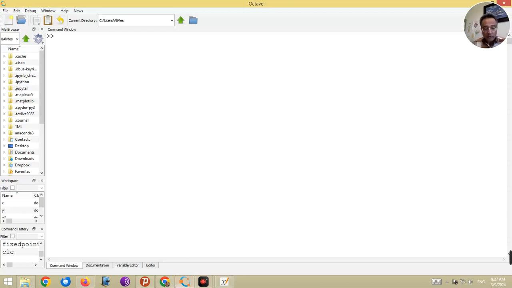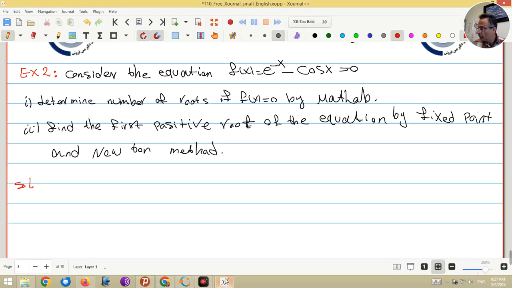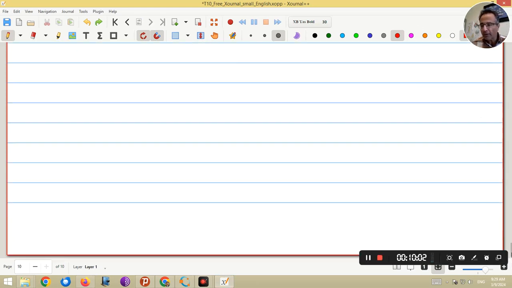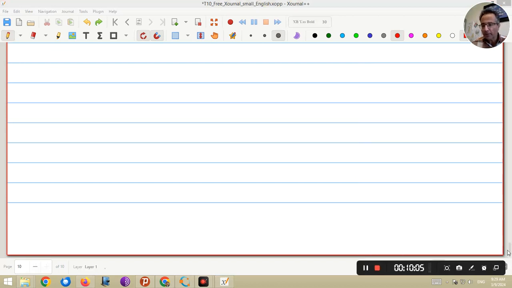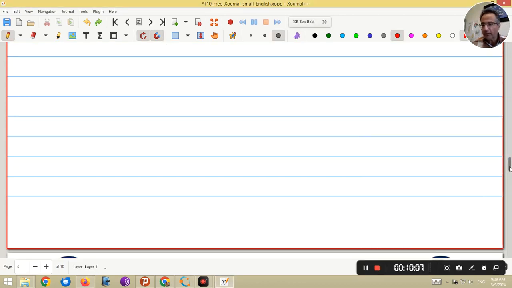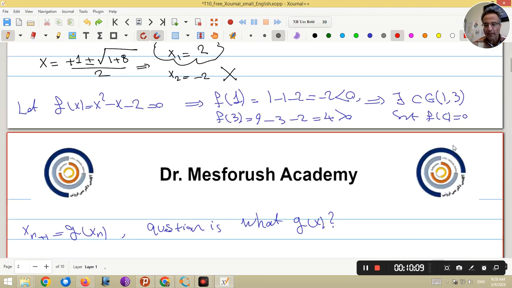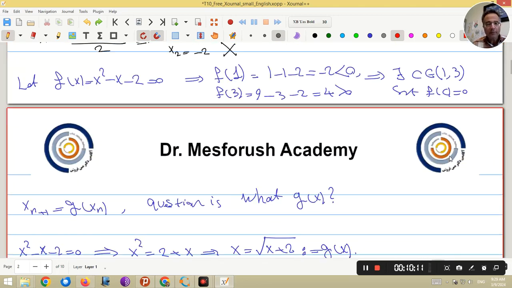And you have to plot two functions. First of all, you have to consider two different functions and plot both functions in the same Cartesian axis. Let me show you.